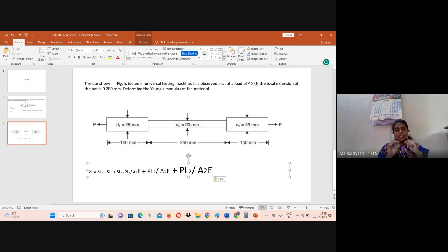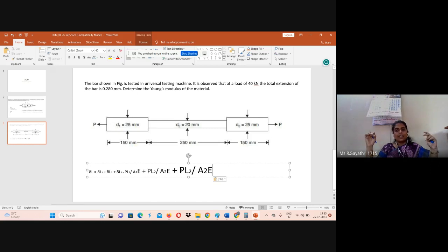Okay. We need to first see whether the section is uniform or varying. If it is uniform, diameter is same in every section. But this is varying section or non-uniform section. So diameter is not same, so its corresponding area also varying.